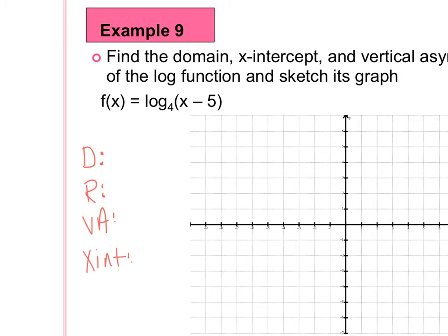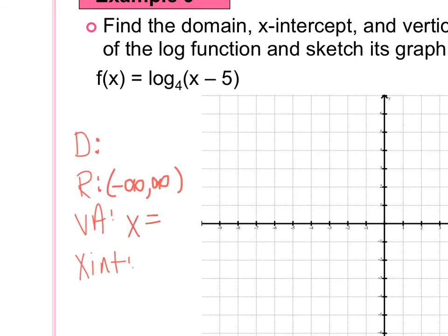When I'm talking about exponential functions, my domain is negative infinity, positive infinity. So with logarithmic, what's negative infinity, positive infinity? The range. Very good. If I have a vertical asymptote, it's going to be at x equals or y equals? X equals. Our vertical asymptote and our domain go hand in hand.